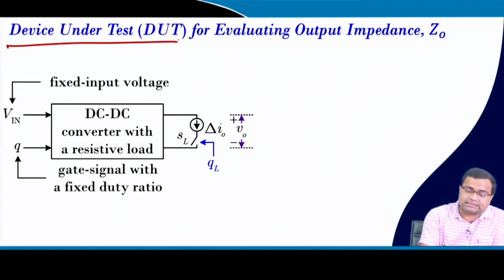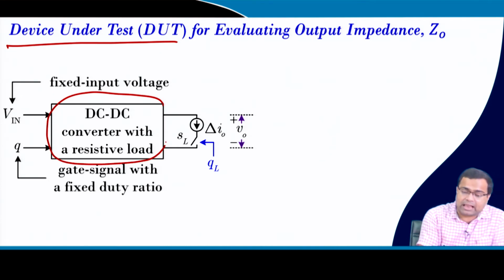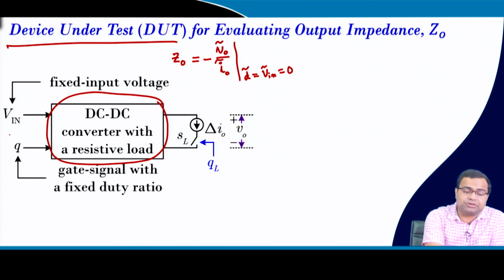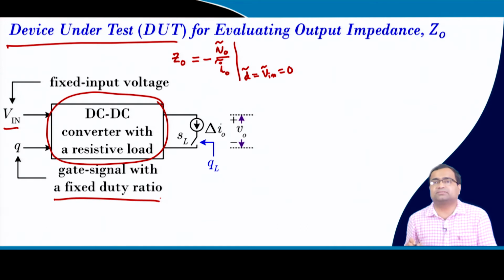We take a DC-DC converter, and we know that in the derivation of output impedance, we considered the perturbation of the output voltage when we perturb an external current source, provided that for open loop output impedance, the duty ratio perturbation and input voltage perturbation are set to 0. That means we should use a fixed input voltage and a fixed duty ratio gate pulse.